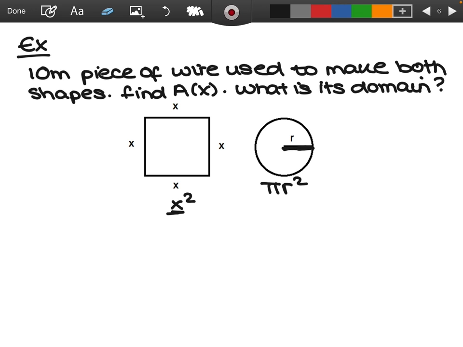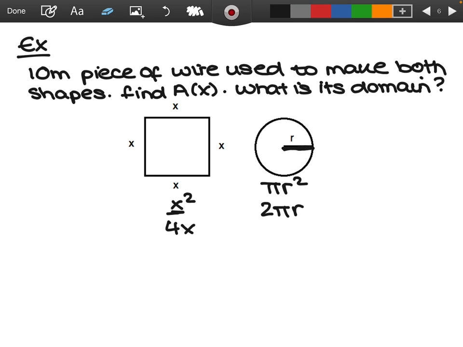Another formula I can look at to try and transform this r into something in terms of x is the circumference. I know that the perimeter of my square is 4x. The perimeter of a circle is 2 pi r.